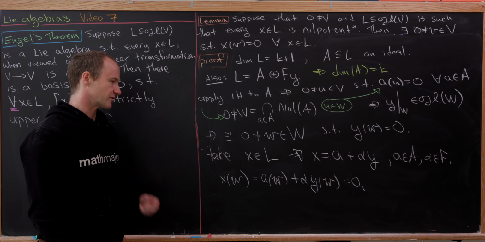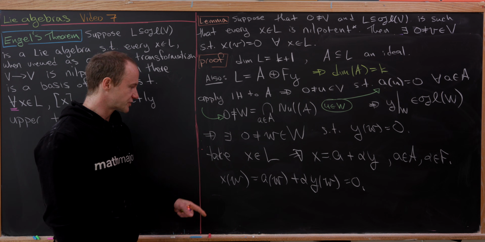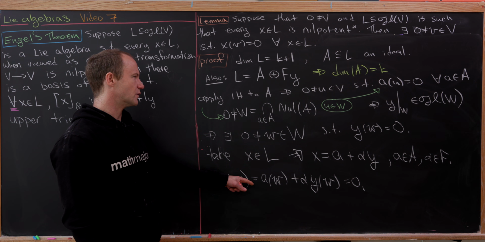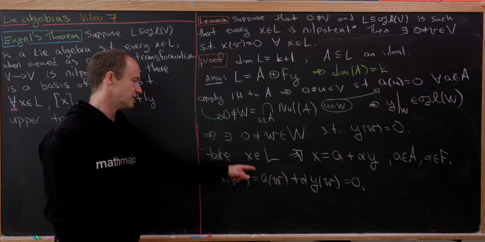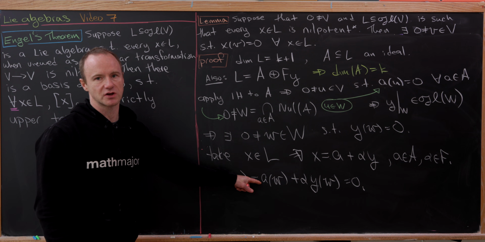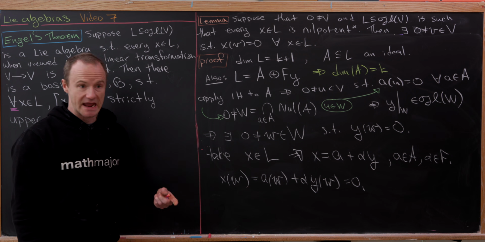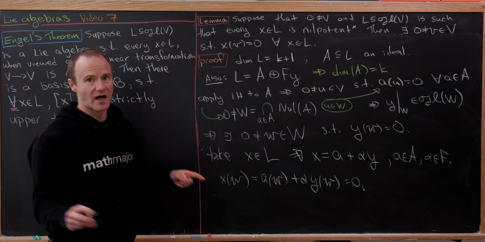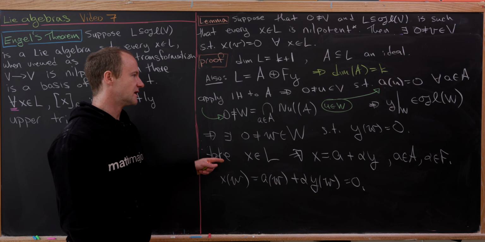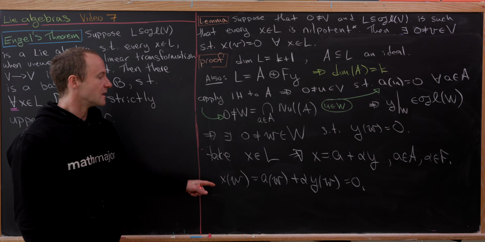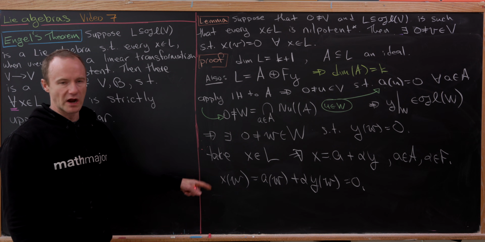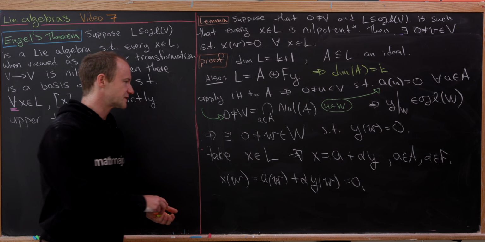The first reason is the way that we constructed this subspace capital W as the intersection of the kernels of all of the A's, and then applying that previous result to get further something within the kernel of Y. But that's exactly where we needed to end up, because what do we have?